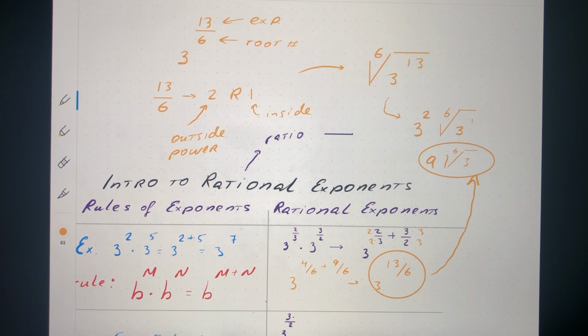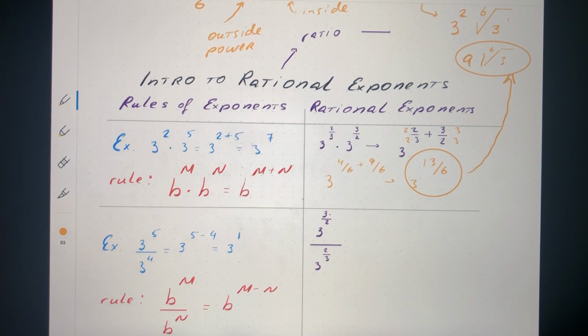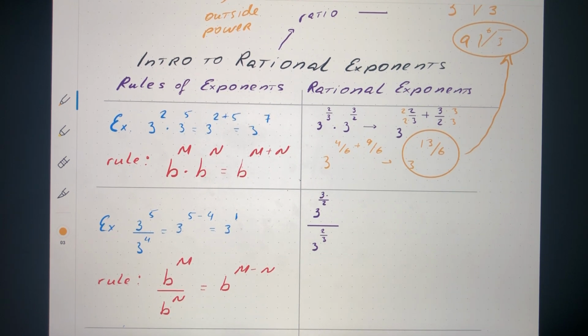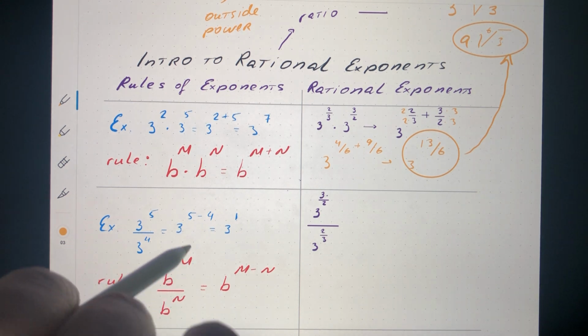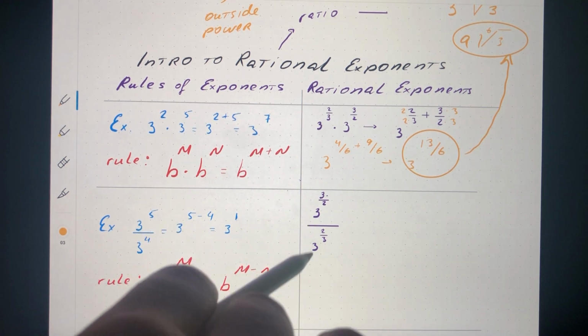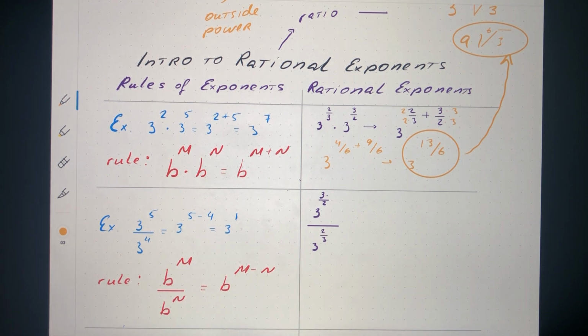So that's the first property, multiplying with the same base. The second property is dividing. If we have the same base and we divide, we subtract the powers, no matter what those powers are. So the same here, the same base, we subtract the exponents, and that would make 3 to the power 3/2 minus 2/3, with the same common denominator of 6 by multiplying 3 times and 2 times.